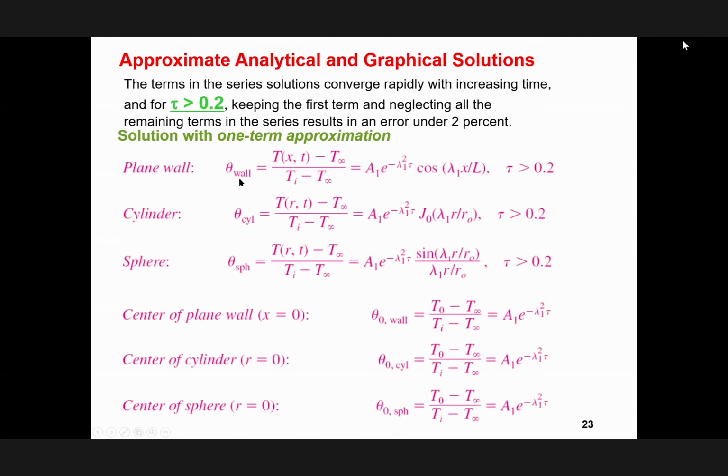This is for a wall. If you look at this equation, you have 2 constants: one value here and one value in the exponent here. They're right here, lambda 1 and A1. And the values of these 2, for the scenario where tau is more than 0.2, you can find in the table, I believe 4.2, if I'm not making a mistake. Please go and check if you can see that number, okay?